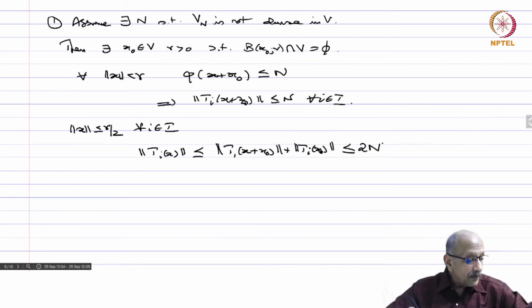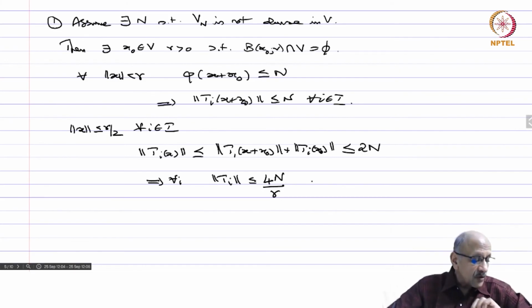This implies that the supremum is less than or equal to 2n if norm x is less than r by 2. So this means that norm Ti is less than or equal to 4n by r, and this you can call M. So this is the first alternative. Now the second alternative is all Vn are dense.